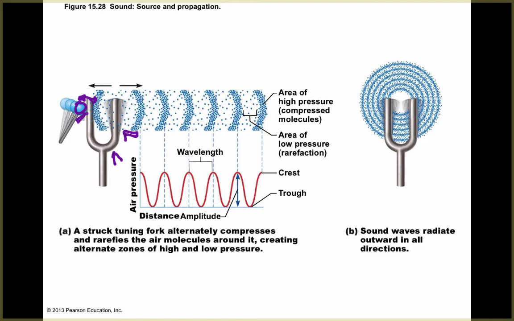Those compressed molecules float through the air and into your ear, and when they hit your eardrum, it vibrates, and then it goes back and forth. That's what your ear picks up.